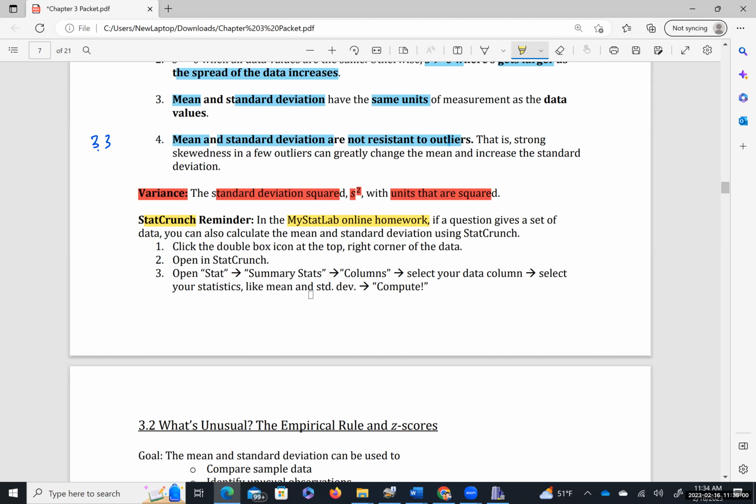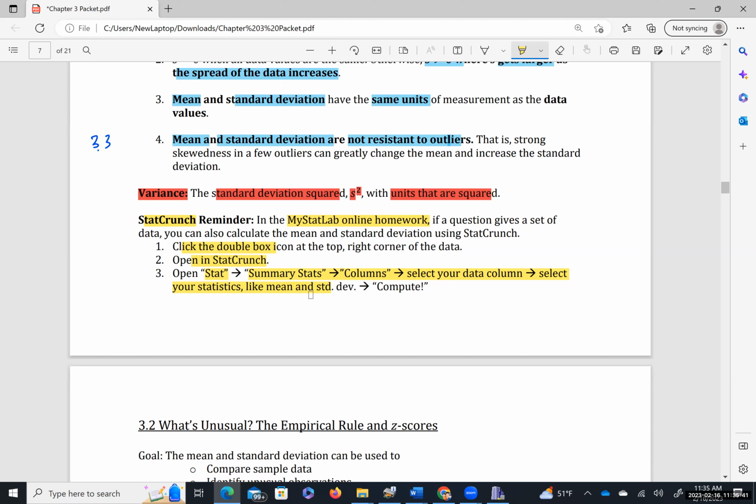You click the double box icon on the top right corner of the data, then open StatCrunch, open Stat, then Summary Stats, Columns, select the column and the statistics, and you will have the mean and standard deviation for samples. I will provide you videos for it after this. Okay.